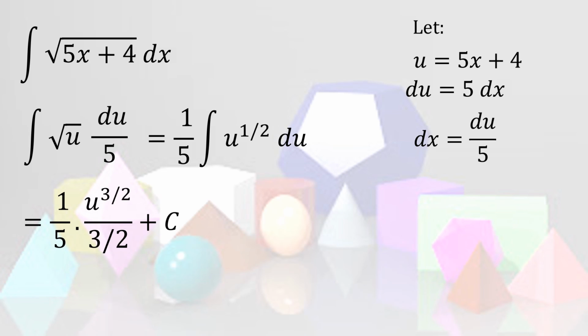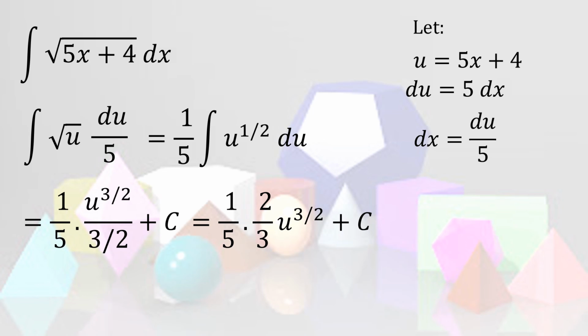So simplifying further, in here we can multiply u to the 3 over 2 times the reciprocal of 3 over 2, which is equal to 2 over 3. So we will be getting 1/5 times 2/3 u to the 3 over 2 plus c. Then we are going to multiply the numerators and the denominators.